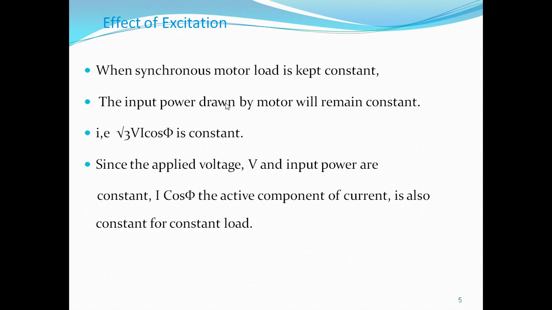See here, input power P is equal to root 3 VL IL cos phi. When P is constant and V is constant, what is the variable we have? I into cos phi. How will it change? When P is constant, the whole right hand side of the equation is also constant.